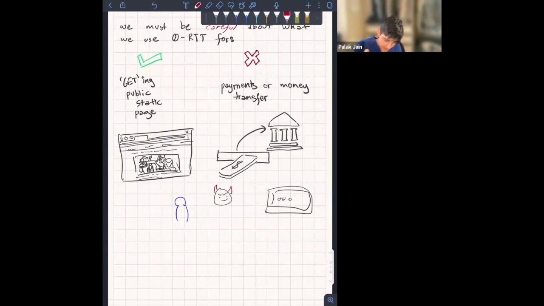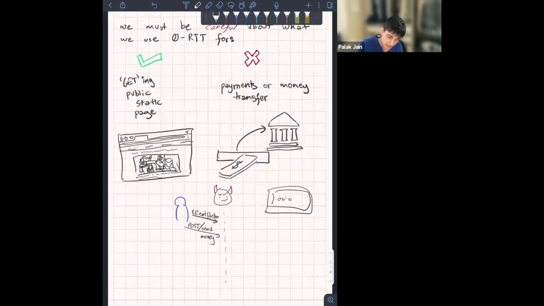Right. So what can happen is the client can send a client hello over 0 RTT, and then send a request to post or send money.